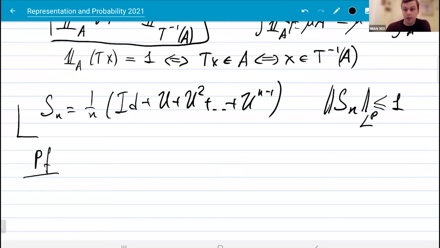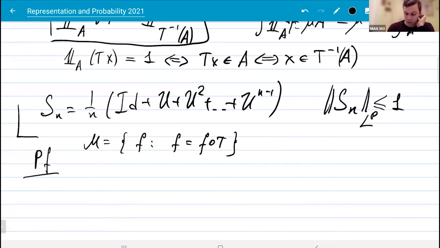The proof is the following. We try to construct the orthogonal complement to M. M is a set of all f such that f equals f of T. So this is a set of invariant functions, the space of invariant functions.